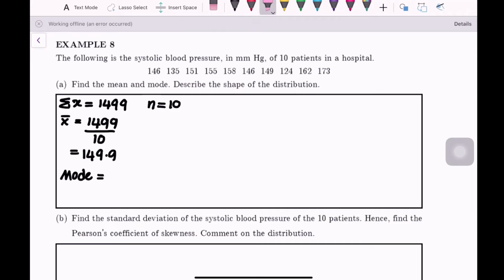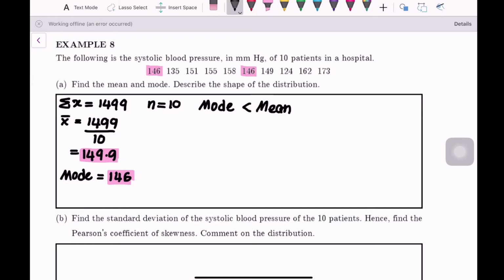The most frequently occurring value is 146. So the mode is equal to 146. By using the two values, mean and mode, we can write mode is less than mean.